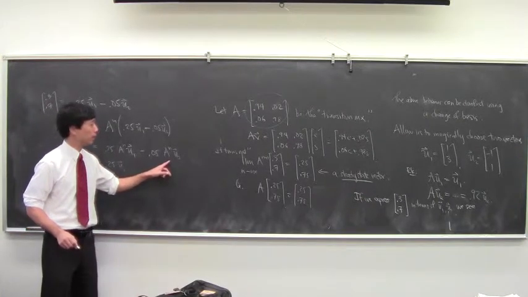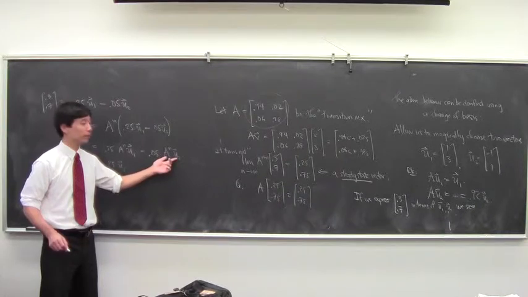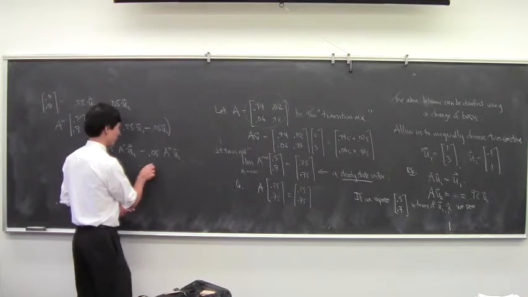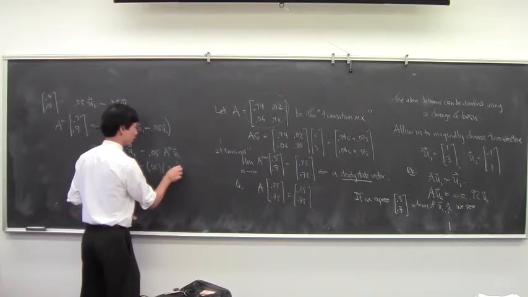And then what happens to this part? What happens to u2? Well, every time we hit u2 with A, what happens? It's the 0.92. I get 0.92 times u2. So this is going to be 0.05 times 0.92 to the n u2.